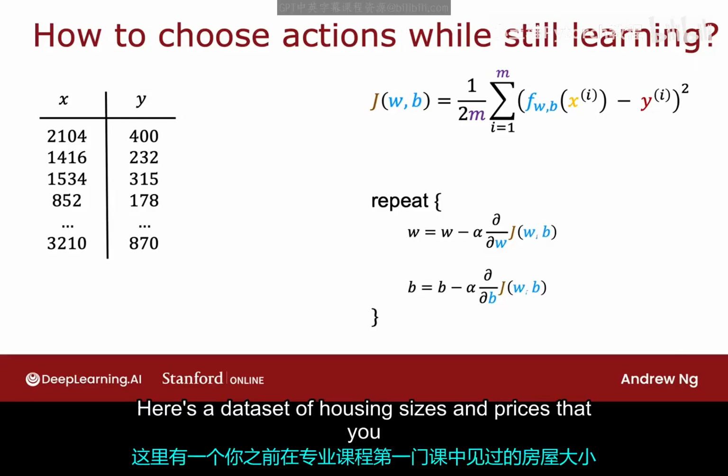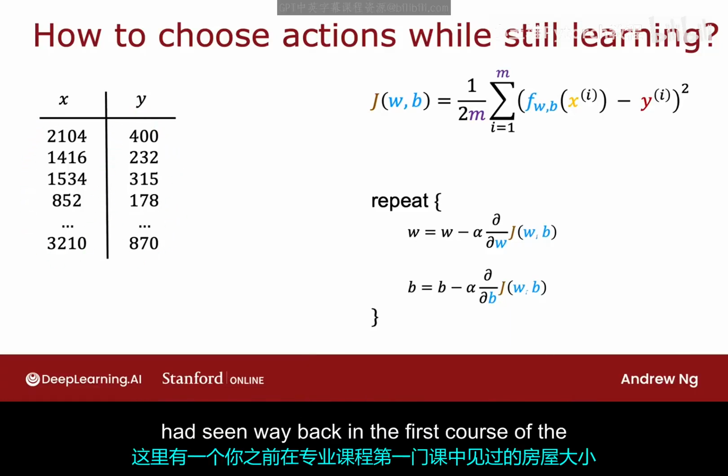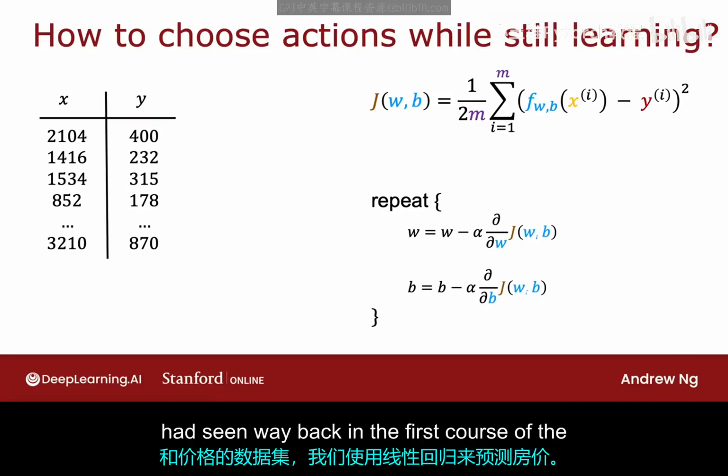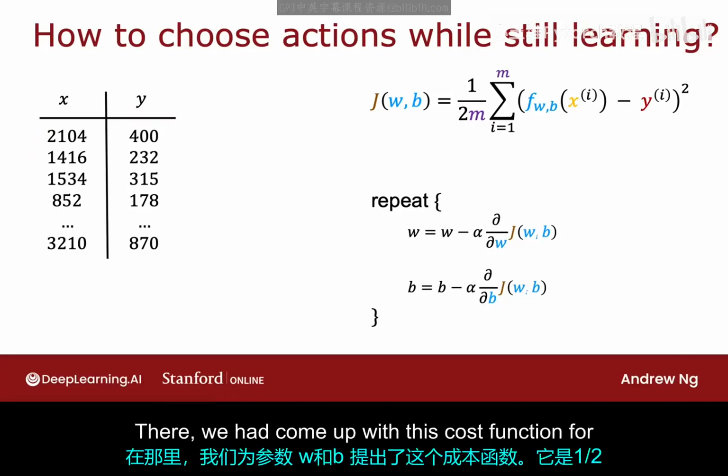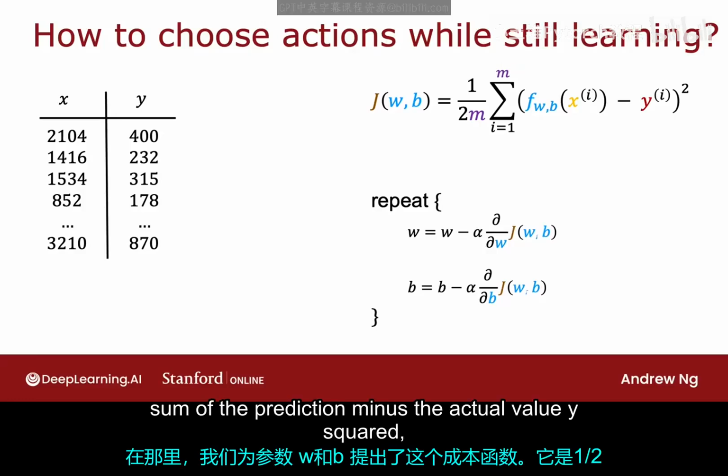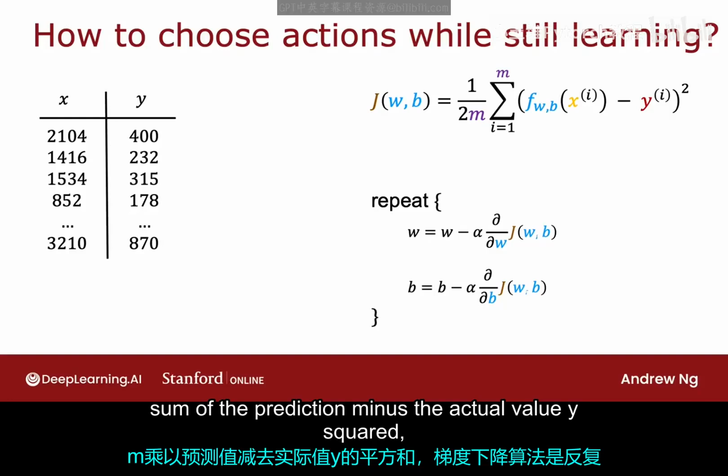Here's a data set of housing sizes and prices that you had seen way back in the first course of this specialization on using linear regression to predict housing prices. There, we had come up with this cost function for the parameters W and B. It was 1/2m sum of the prediction minus the actual value Y squared.